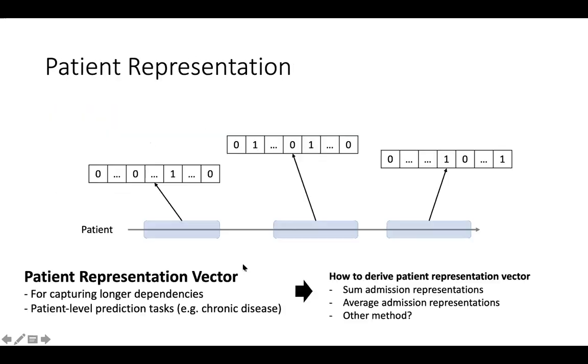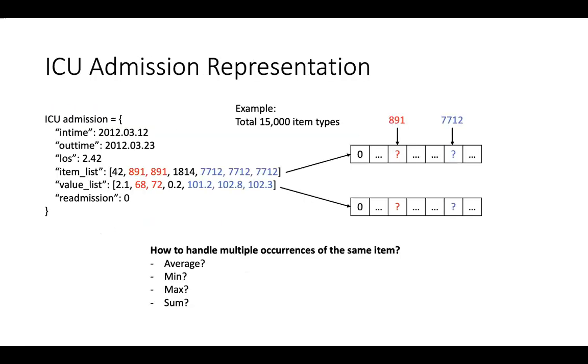But as I showed you in the ICU admission representation, we can have a continuous value, which is length of stay. If you were to vectorize this single ICU admission into a really long vector, there would be a single dimension dedicated to representing length of stay, and you would simply copy this value into that dimension. Or you can discretize it as well.